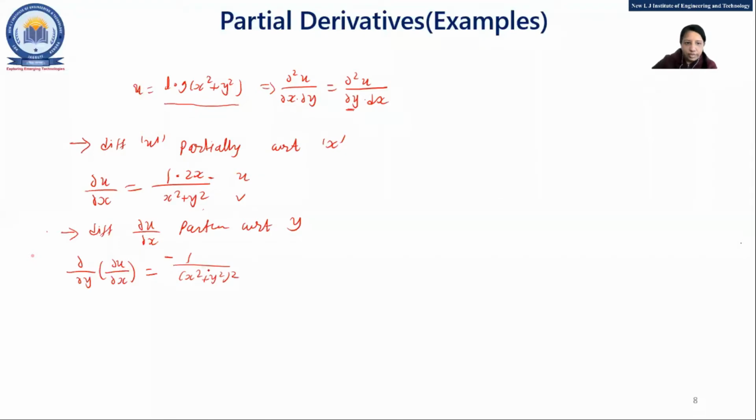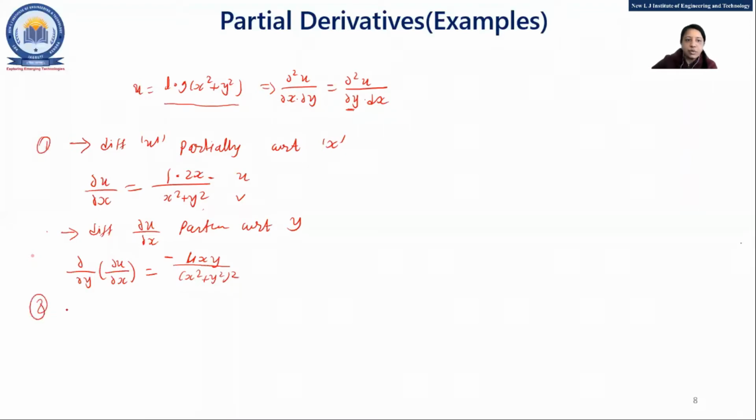And in the numerator, it will be minus 4xy. How will that come? 2x will be constant, and differentiation of y square is 2y, and 2x is already there, right? So minus 4xy. Okay, so this is my first thing.